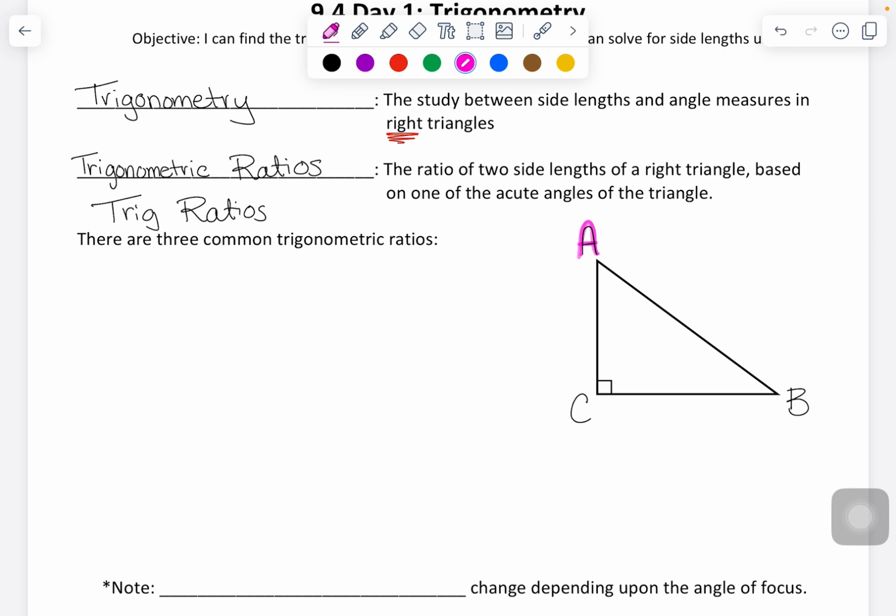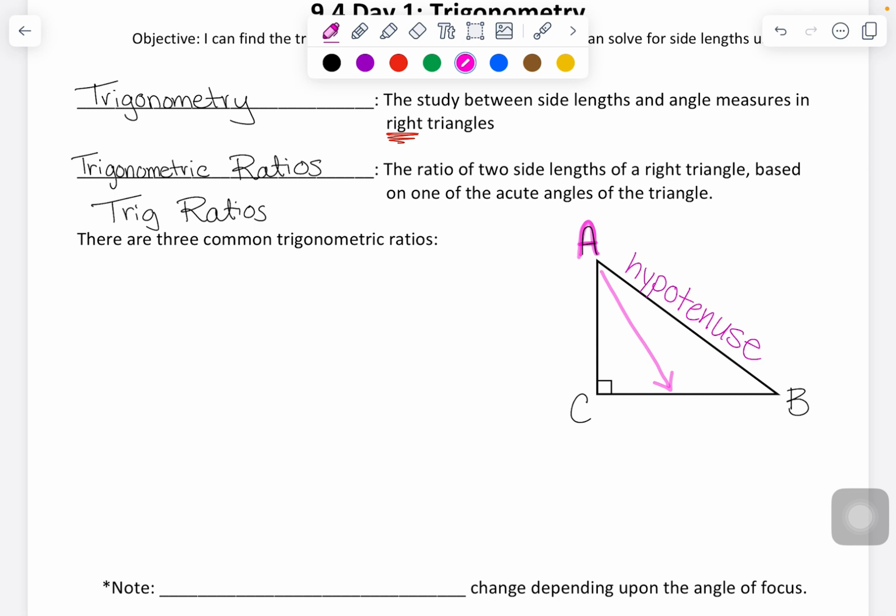So, in order to work with this, the first thing you have to do is you have to identify your sides. Of course, the hypotenuse is the longest side. And remember, the hypotenuse is the side that's not only the longest, but it's always across from the right angle. The other two sides, the legs of the triangle, have specialized names when you're doing trig, though. The side that is on the other side of the triangle as the angle you're focused in on.